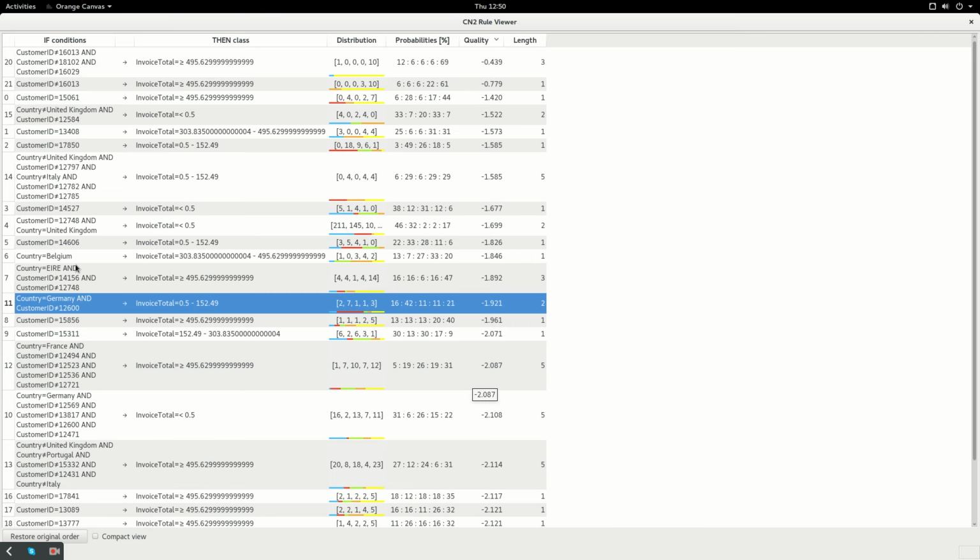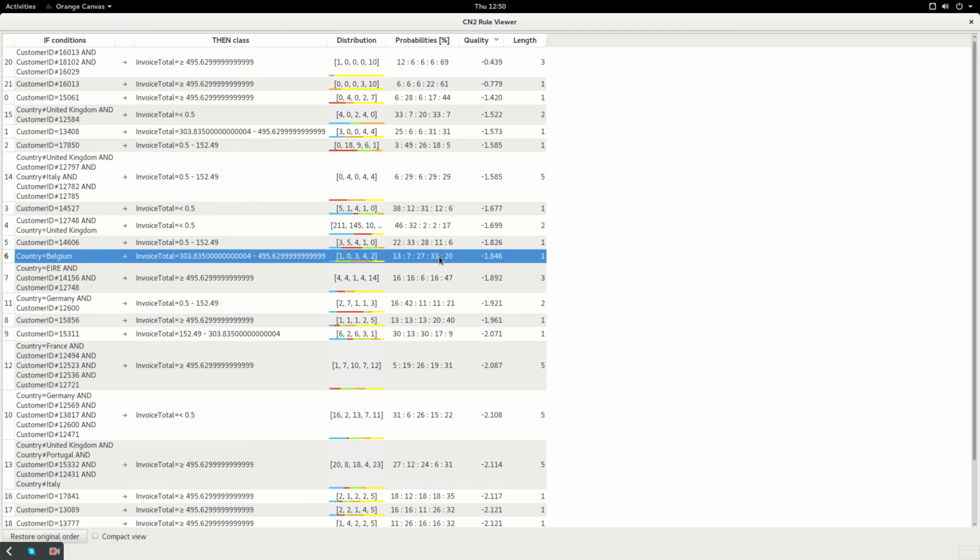You know, like Belgium, we can say with 33% confidence that if an order comes in from Belgium, it's going to be between 303 and 495. So what are we doing right in Belgium? You know, that's a model country to follow. And that would end up being our report to marketing, sales, and account managers. And that concludes the first video.